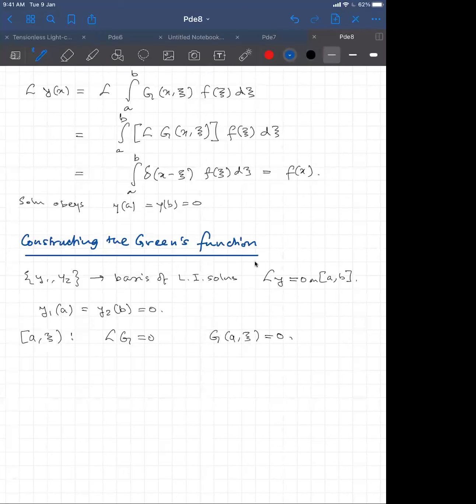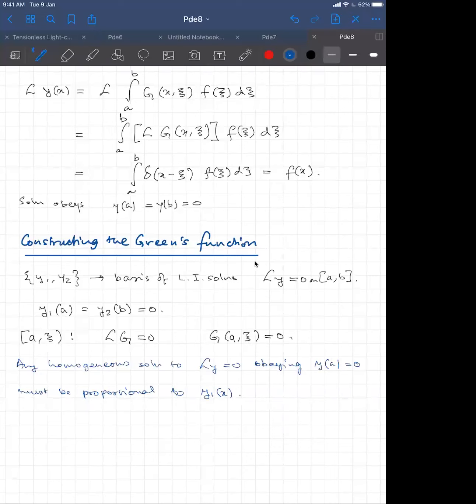Let me write this down since this is important. Any homogeneous solution to L of y equal to 0, obeying y of a equal to 0, must be proportional to y1 of x, with a proportionality constant that is independent of x.